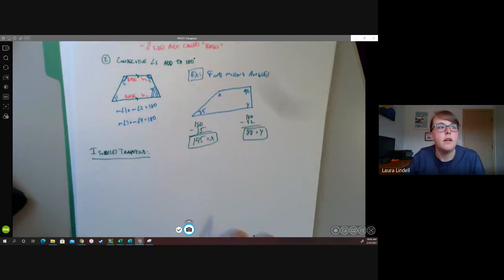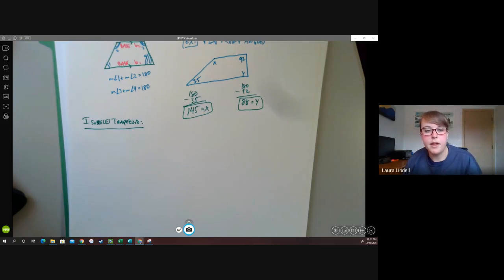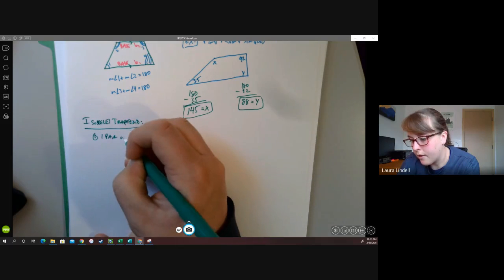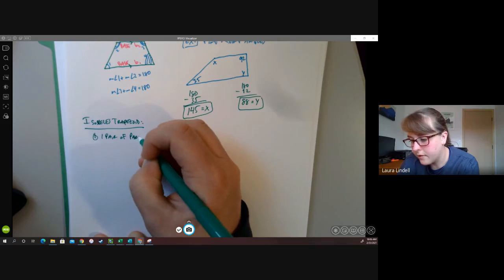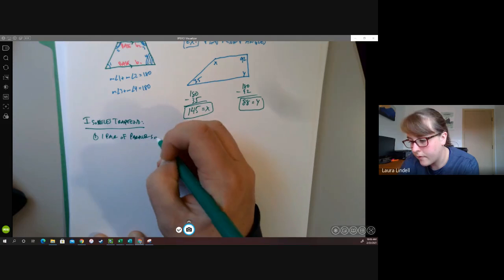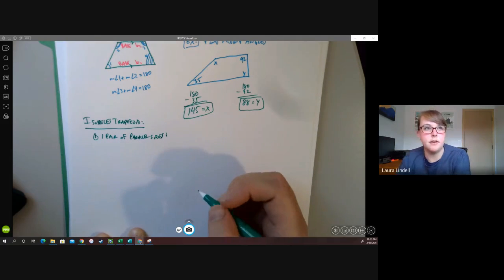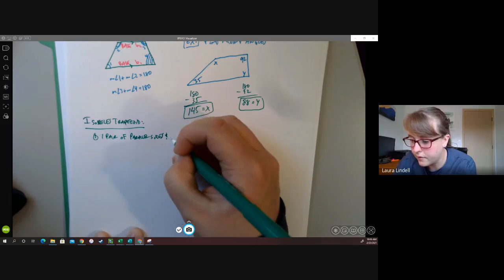Okay. So an isosceles trapezoid has the properties of trapezoids, and so it has one pair of parallel sides, and then the other pair that's not parallel is congruent.